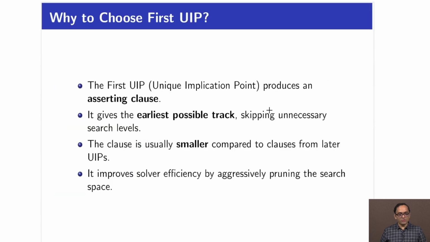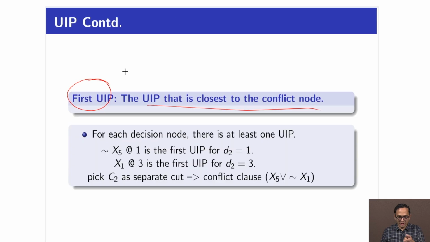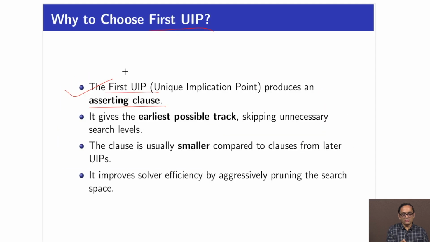Okay. So, why am I going to choose the first UIP, why not the second UIP or others? Because the first UIP definitely produces the asserting clause, right. I have seen that. It is also the nearest to the conflict node. So, if I do the backtracking from this, this is the nearest one to track, right.